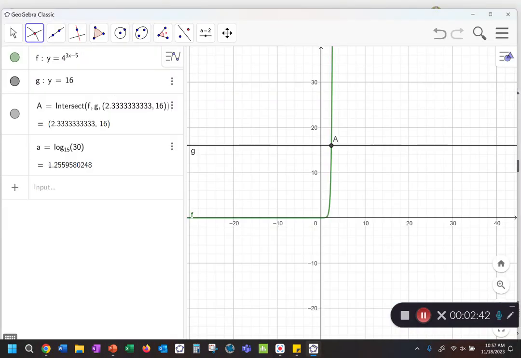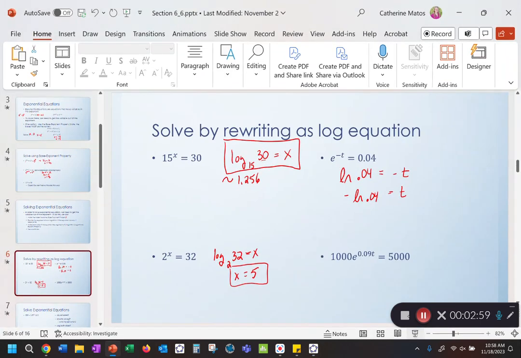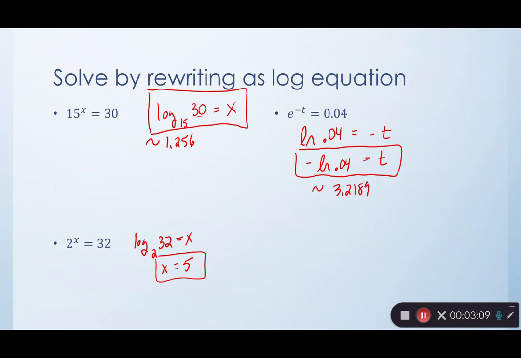Natural log of 0.04 is about negative 3.2. We have the negative on that, so it's roughly 3.2189. But again, I'm going to want, generally speaking, the exact answer, right?